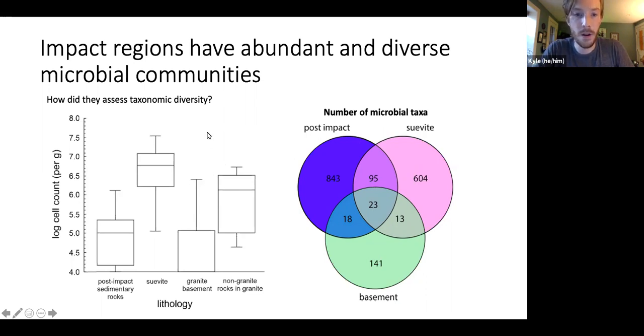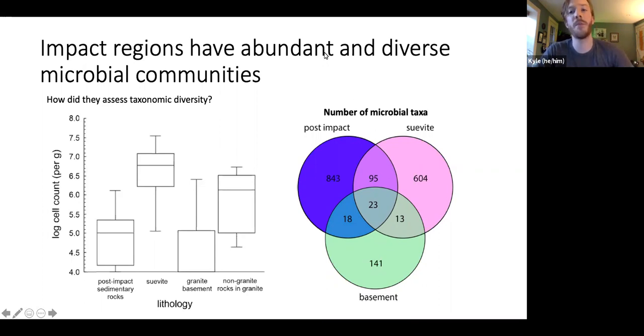So here, looking at this box and whisker plot, doing a bit of light statistics on these cell counts, all of the rocks that were before the impact of the Chicxulub had lower cell counts relative to that particular rock that is found only from the impacted sediments. And again, lower number of microbes in the post-impact sedimentary rocks.